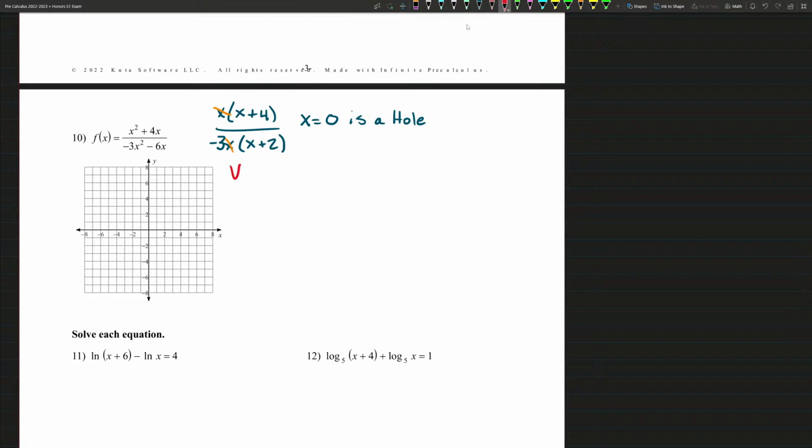And then for vertical asymptotes, we're going to take everything else and set that equal to 0. So x equals negative 2 is a vertical asymptote. For horizontal, again, we compare the degree of the numerator and denominator.